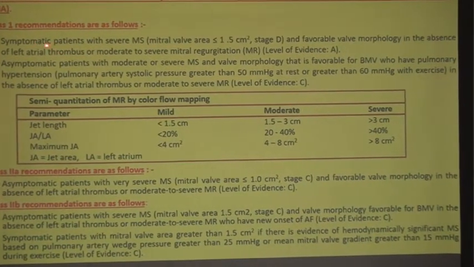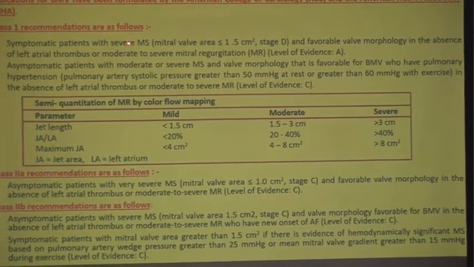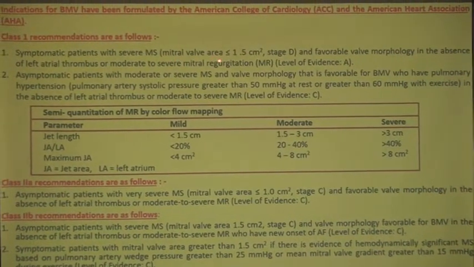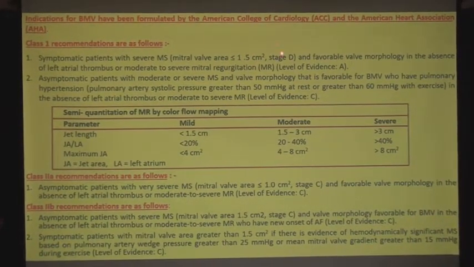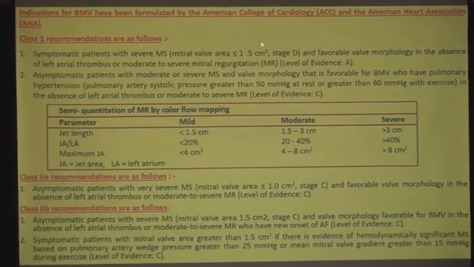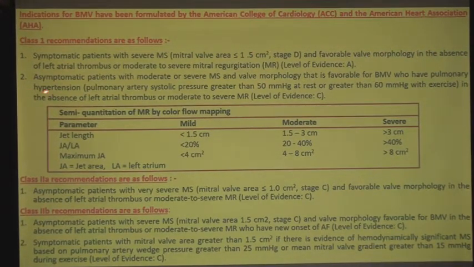Number 1, symptomatic patients with severe mitral stenosis, meaning mitral valve area less than 1.5 centimeter square, meaning this is stage D of mitral stenosis, and favorable valve morphology in the absence of left atrial thrombus or moderate to severe mitral regurgitation. This is level of evidence A.